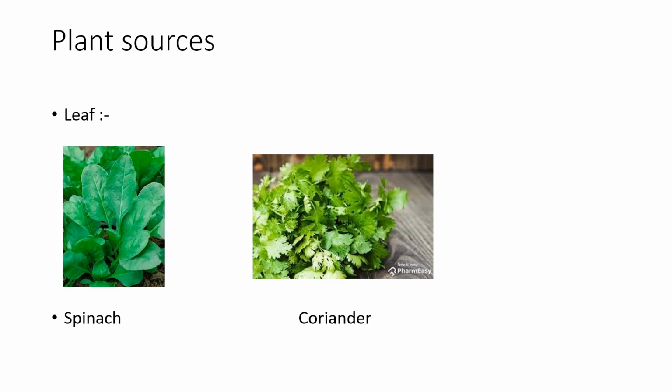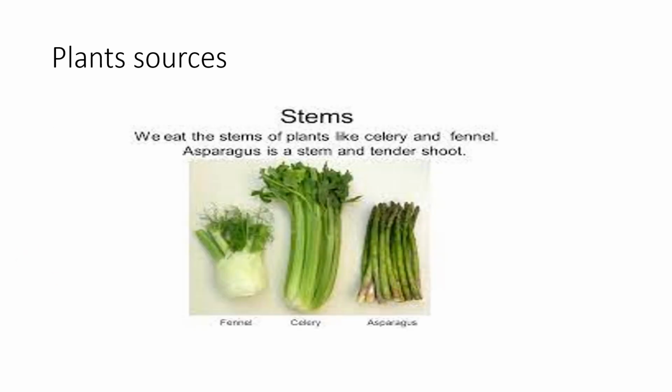Now talking about leaf. So we have spinach and coriander. These both are leaf part of a plant, and they can be eaten by us. There is no harm, and they both are edible. Talking about stems. We eat the stems of plants like celery and fennel and asparagus.